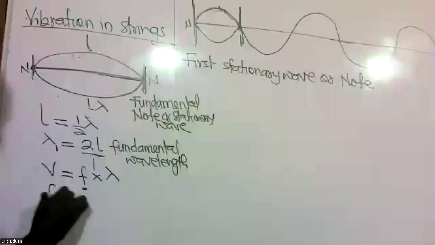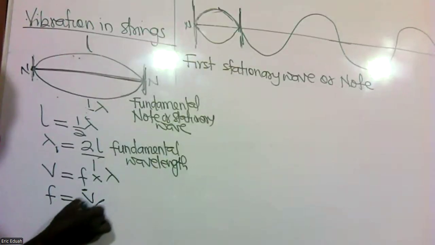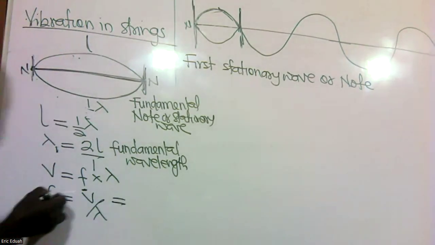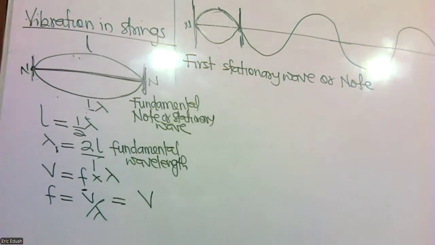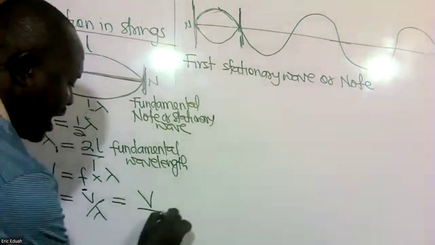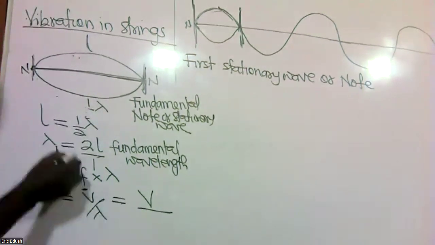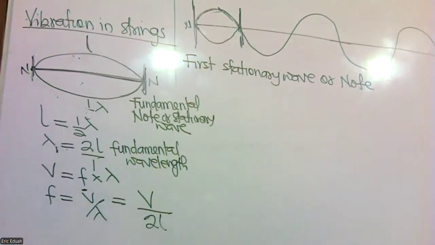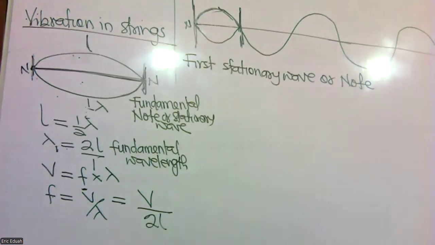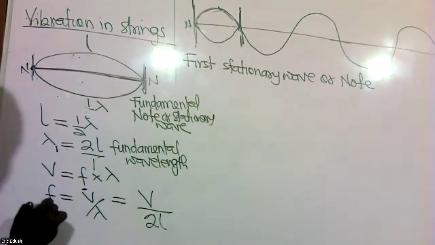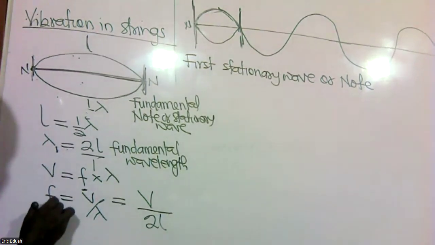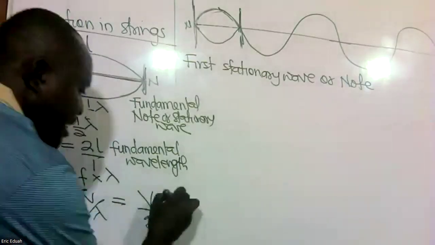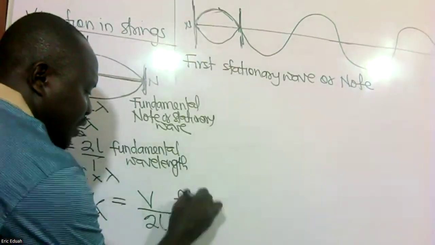F is equal to V over lambda, meaning that the frequency is equal to the velocity of sound in air over that particular wavelength which forms this, which is 2L. So this F also becomes F1, or the fundamental frequency.